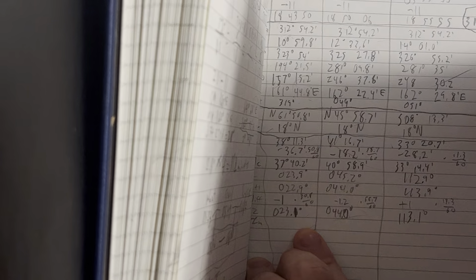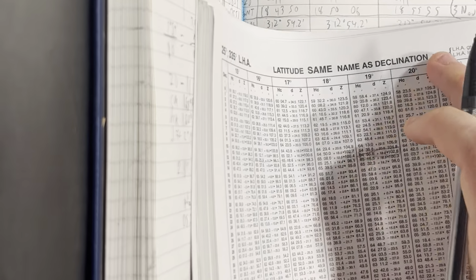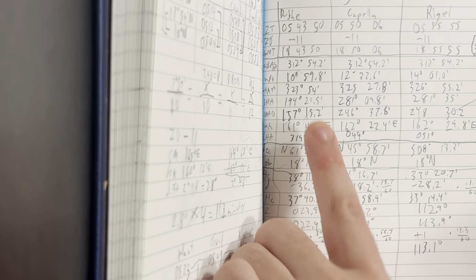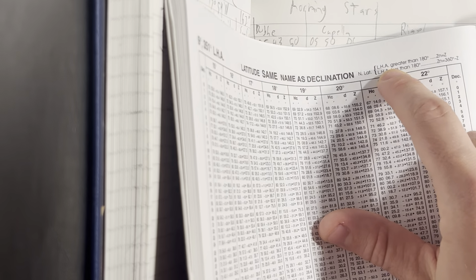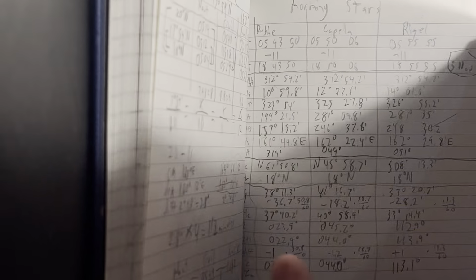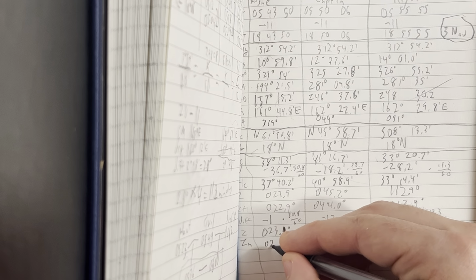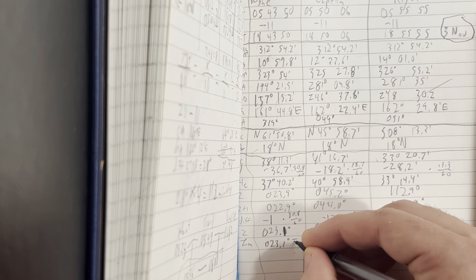Finally, we have to convert that to Zn. If we open up the book, we have to remember our rules here. Dubhe had an LHA of 319 and we're in the north. According to the rules, LHA greater than 180, we're in the north, Zn equals Z. So Dubhe's azimuth is 023.1 degrees true.